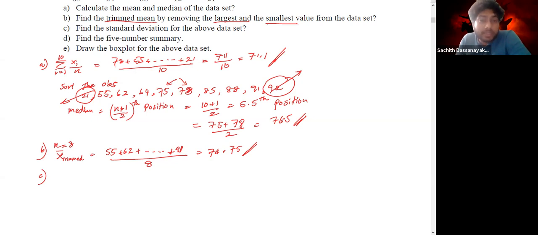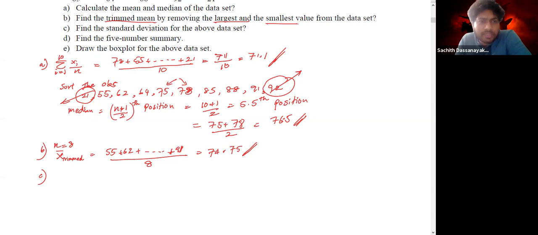If I give you a question from this chapter, chapter 2, find the mean, median, those stuff, or find number summary, then definitely there will be a question on trim mean. It's a must. Please check the trim mean examples we have done. If you have any questions, just email me or ask me.